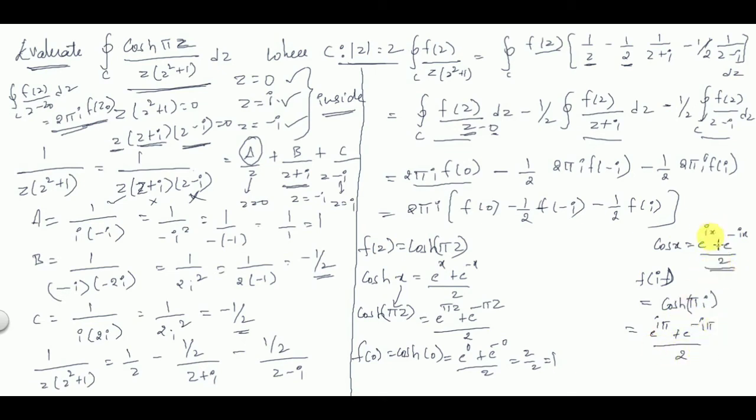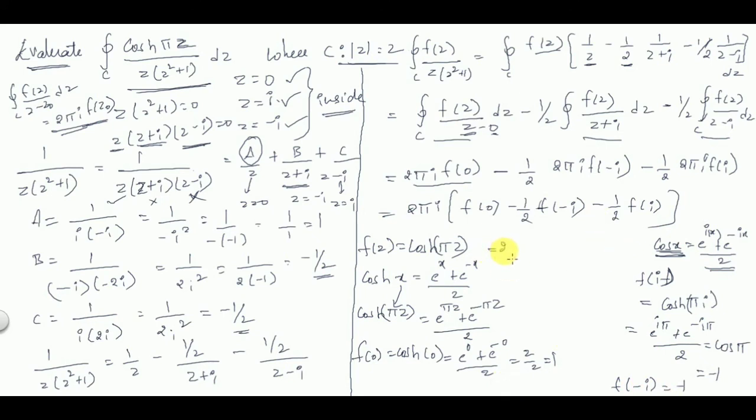In the place of x you have π, so this will be cos π, and the cos π value is −1. Similarly, if you find the f(−i) value, you will also get −1.